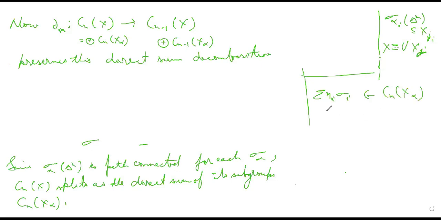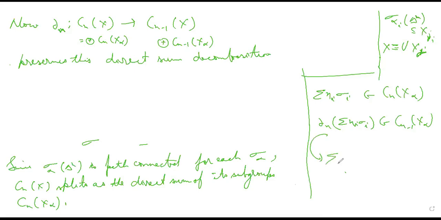Then boundary applied over this summation will be in Cn minus 1 X alpha. Why will it be there? Just see what it actually is.